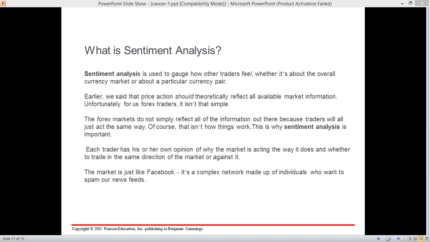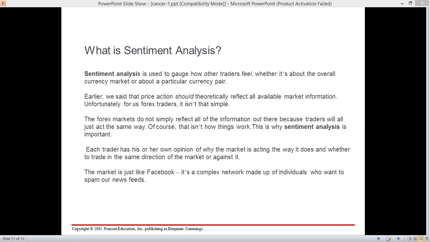So sentiment analysis is used to gauge how other traders feel, whether it's about the overall current market or about a particular currency pair. You understand what I'm trying to say now? How people are feeling about that currency pair. Maybe the people are feeling that this market is good, this market should buy, this market should sell. You should know how to analyze that.